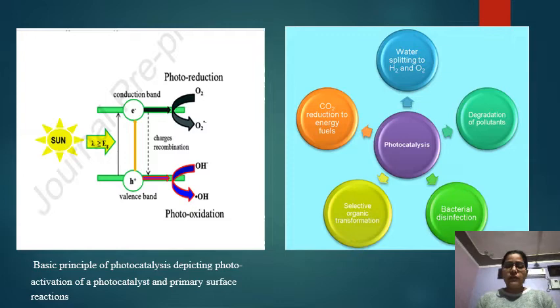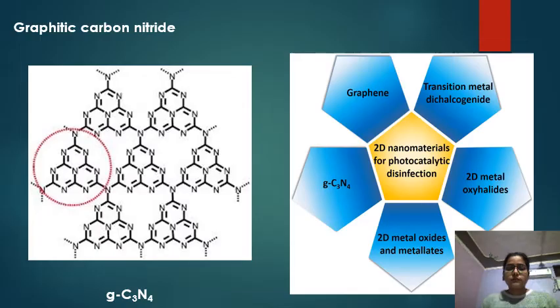Photocatalytic materials have several applications in water: splitting of water, degradation of pollutants, bacterial disinfection, selective organic transformation, CO2 reduction to energy fuels. Graphitic carbon nitride is one of the famous photocatalytic materials.